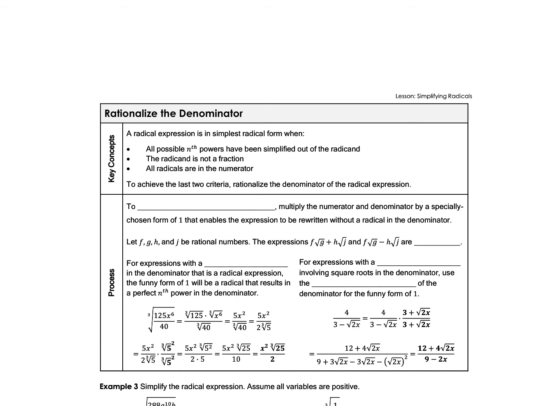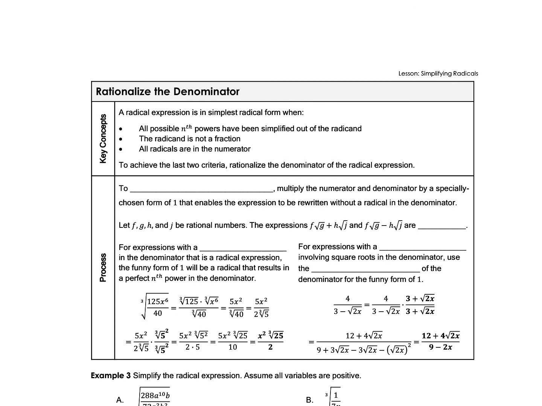So the next page, we are having to rationalize the denominator. So a radical expression is in its simple radical form. Make sure that all of the radicals are in the numerator and not in the denominator. A radicand is not a fraction. So to achieve the last 2 criteria, rationalize your denominator.